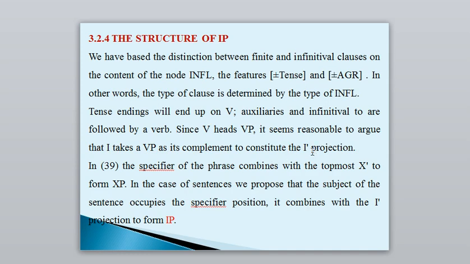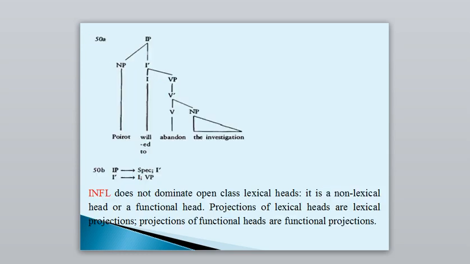Then this I projection combines with the subject to produce the IP. Look at the tree diagram to show you this explanation. So we have a sentence here: Poirot will abandon the investigation, or Poirot abandoned the investigation, or Poirot to abandon the investigation.